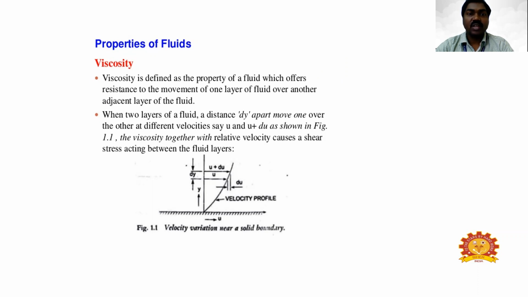Two layers of fluid, dy apart, move over one another at different velocities, u and u plus du, as shown in the picture. The relative velocity causes shear stress acting between the two layers.